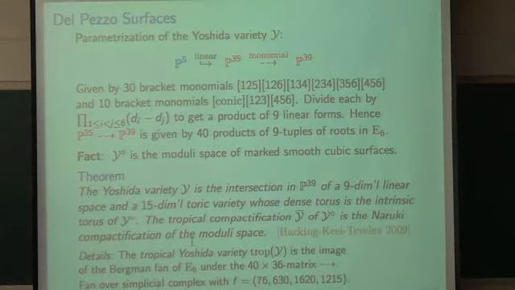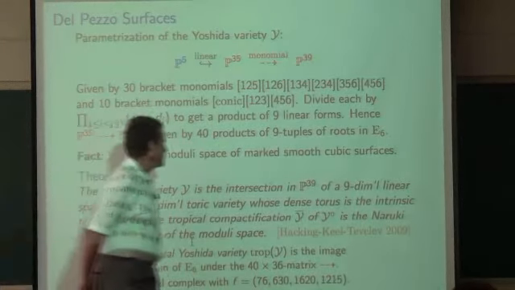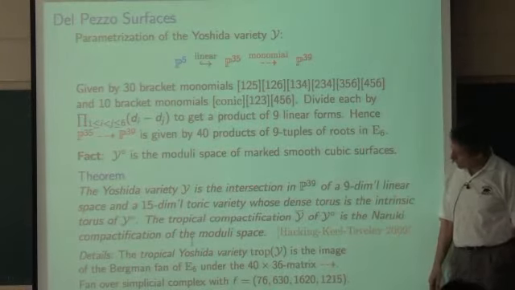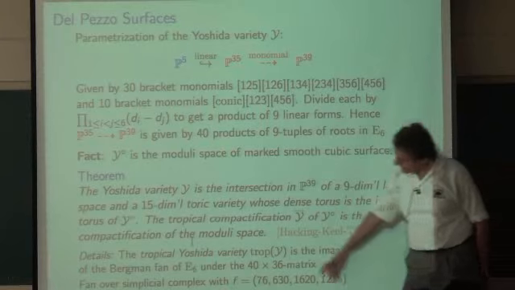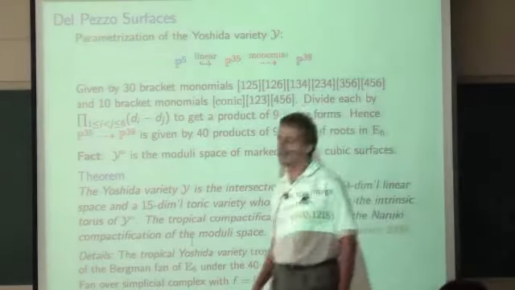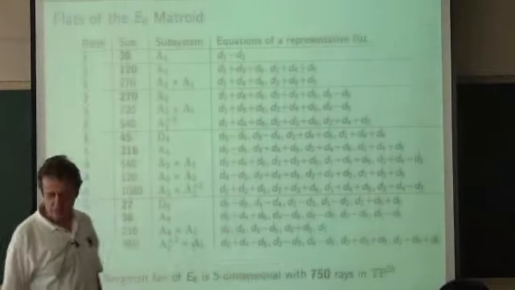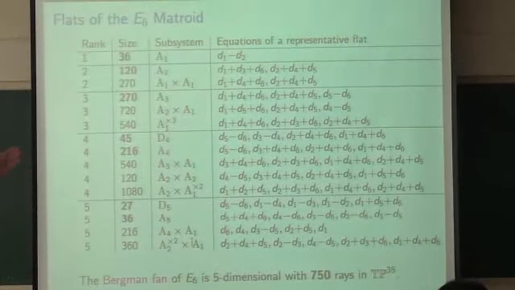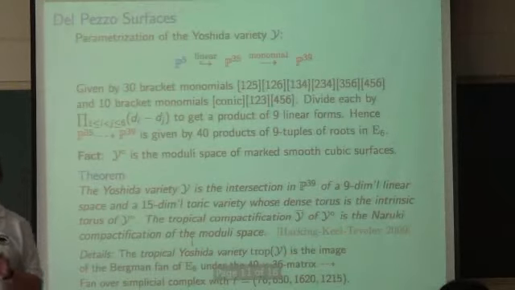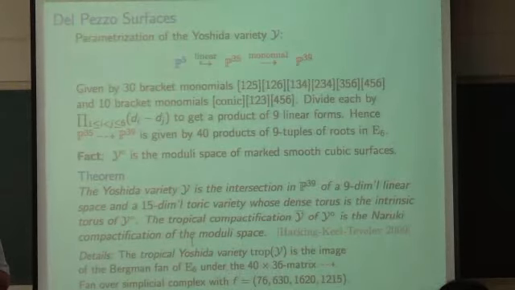I get a cone over a 3-dimensional simplex, and this has 1,215 tetrahedra and 76 vertices, and these 76 vertices come in a nice way from these subroot systems. Okay, so this is what we do with 6 points in the plane.